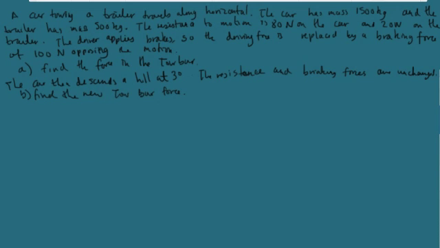So now we're going to do part B. So we've got our hill. So this is 3 degrees. Oh, that's terrible. Let's just redraw that. 3 degrees.